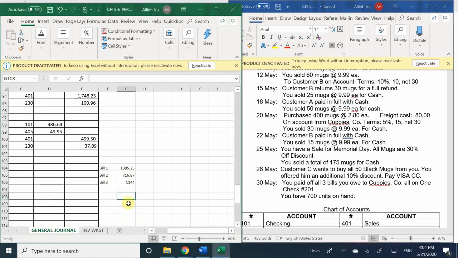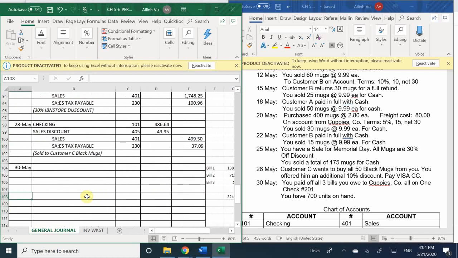So what you're going to do is you're going to add the total of this. All right. And we get a total of $3,246.12. Now, what is our accounts going to be? How are we paying the vendor?